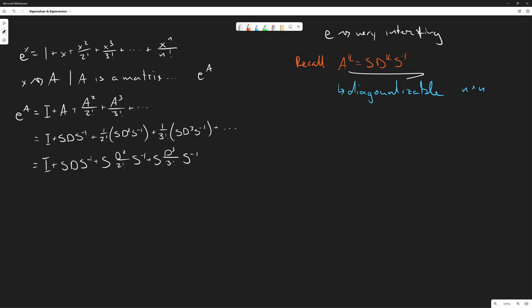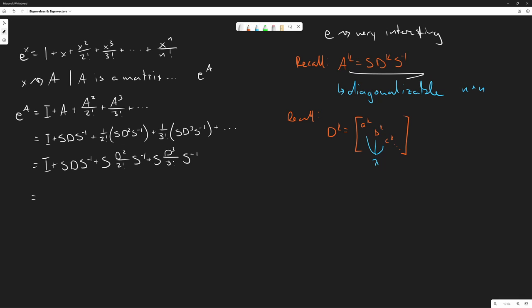Another thing you could recall is that if we have a diagonal matrix and raise it to some power, this will be equal to a to the k, b to the k, c to the k, and so on, down the main diagonal. Because we are working with a diagonalizable matrix, the a's, the b's, and the c's will all be eigenvalues.